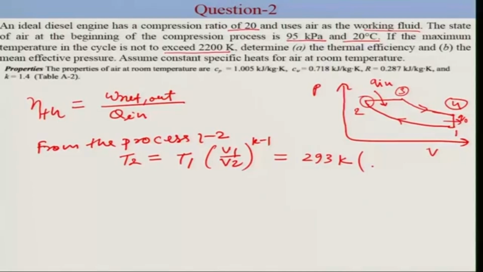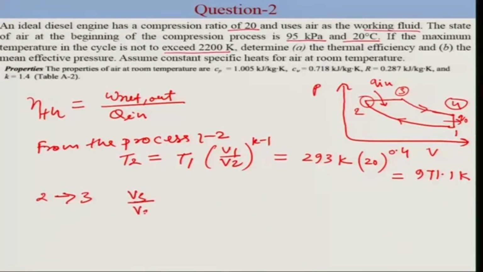Compression ratio is given to us, which is 20, to the power 0.4, since k is 1.4. So this gives T2 equal to 971.1 Kelvin.